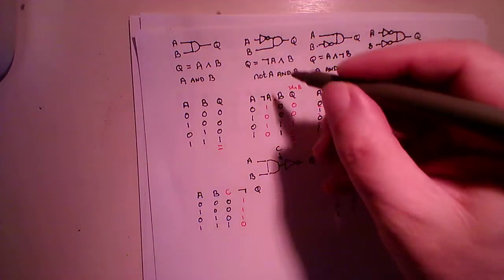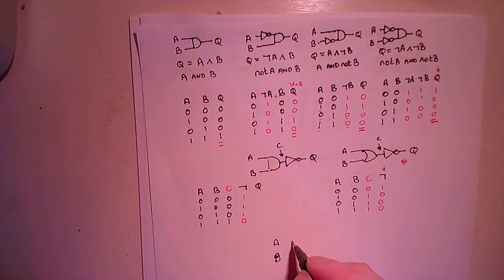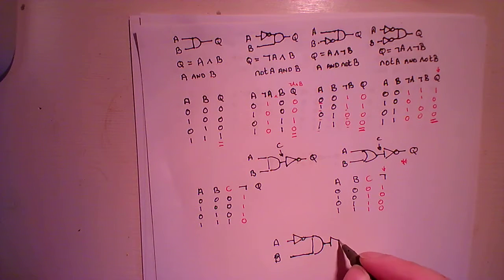If we had, let's take this one here, A and B, but we're going to put the NOT gate on there, 2 inputs. Now the only reason why I'm doing this is because it's 2 inputs, and theoretically they could give you something like this in the exam, where we NOT that output.